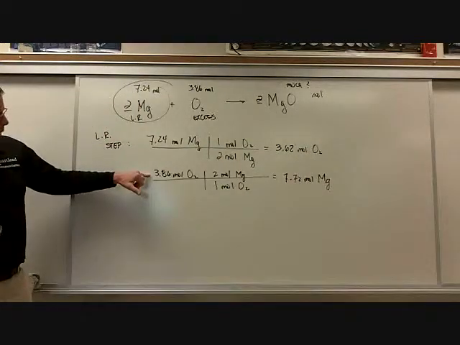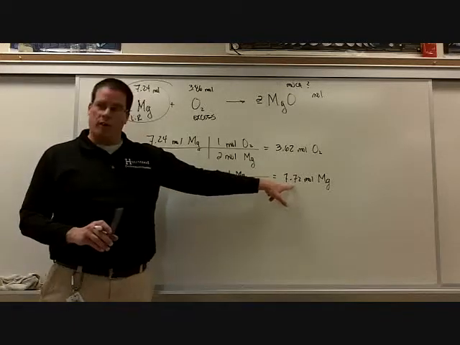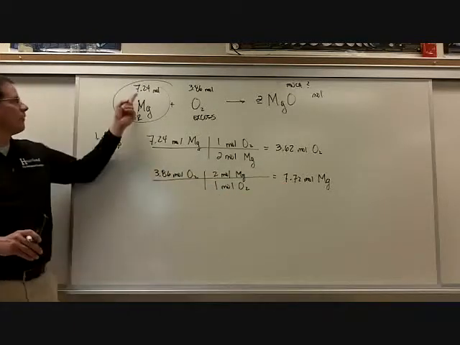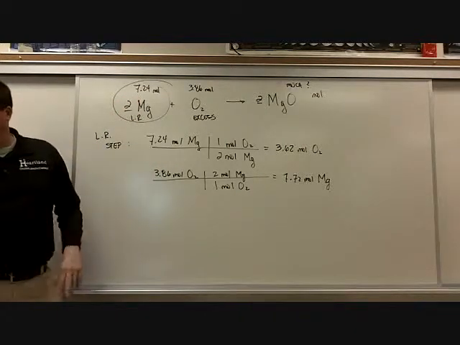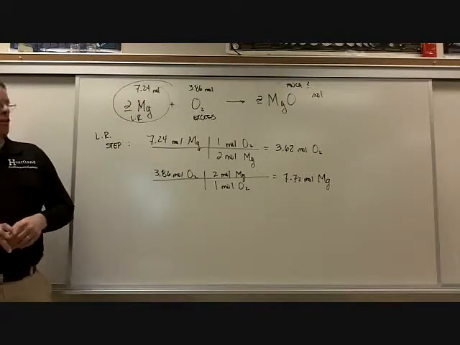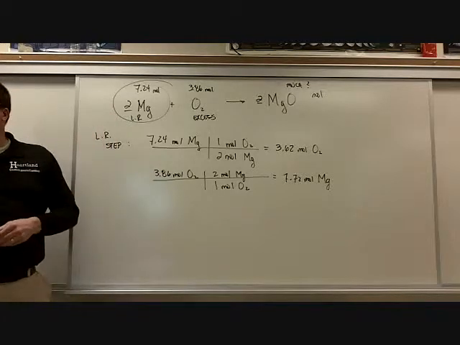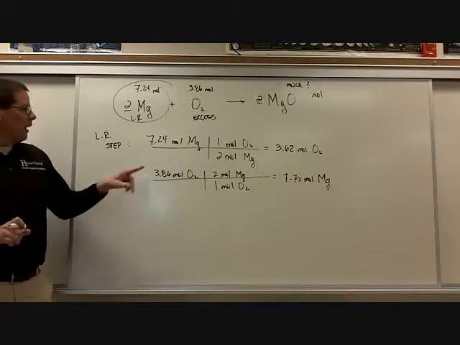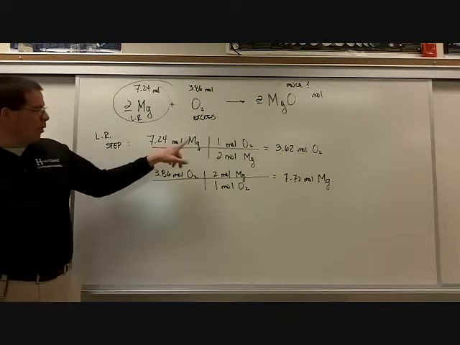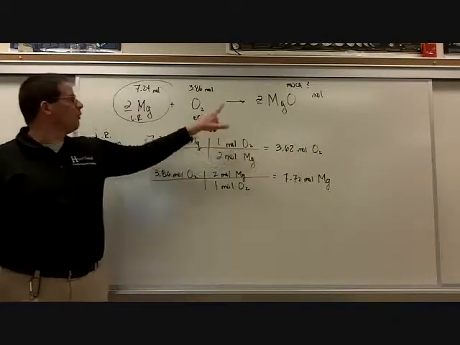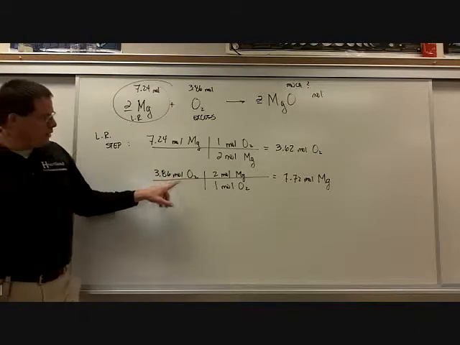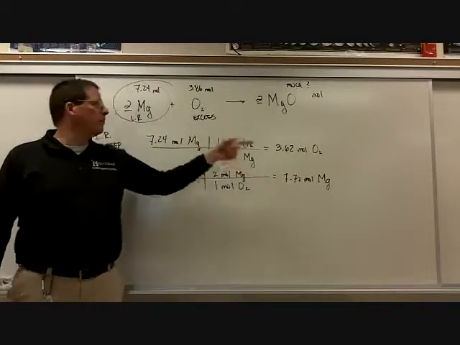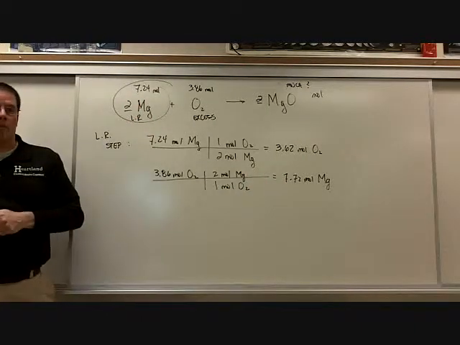If I use all 3.86 moles of oxygen, I would need at least 7.72 moles of magnesium. I don't have it. That makes it easier. You won't be able to look at it and tell that. But here, if I use all 7.24, I need at least 3.62. I have more. If I use all 3.86 moles of oxygen, I need at least 7.72. I don't have enough.